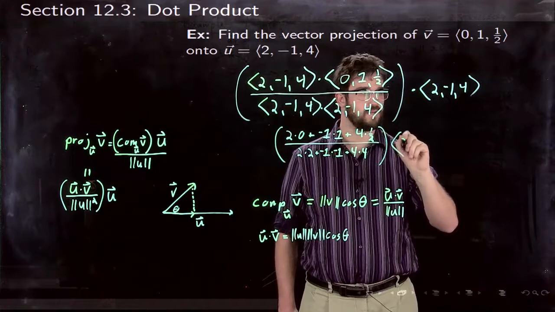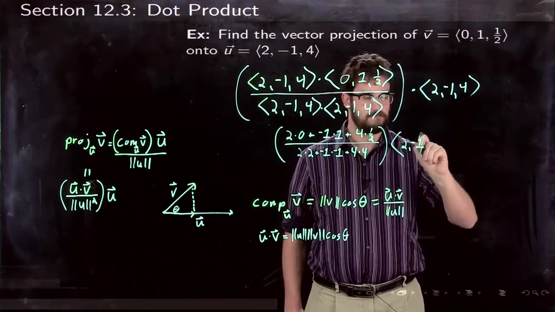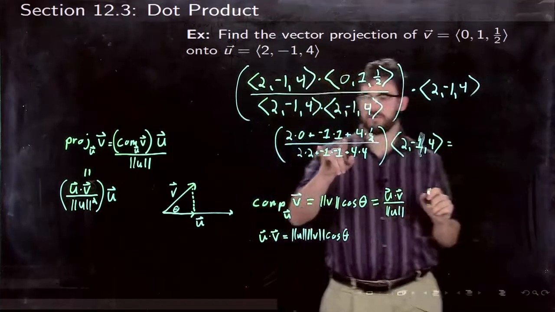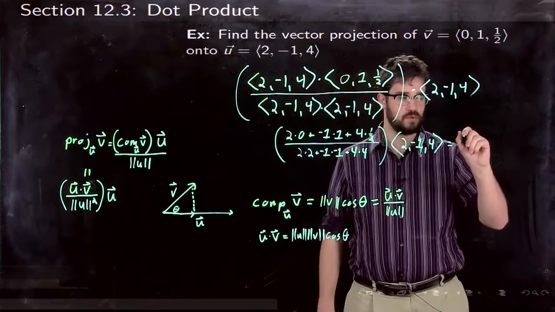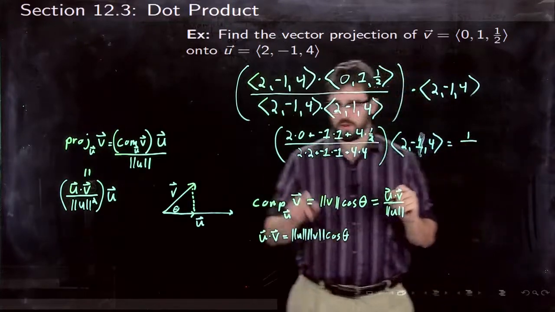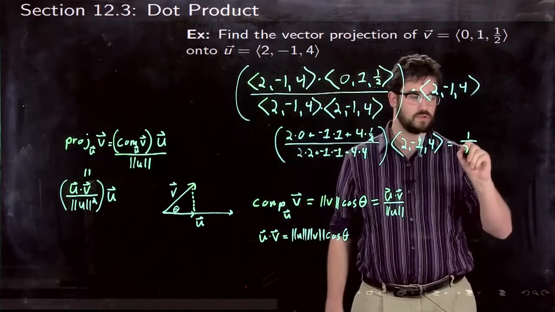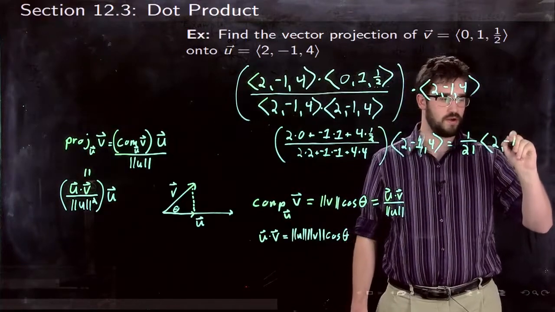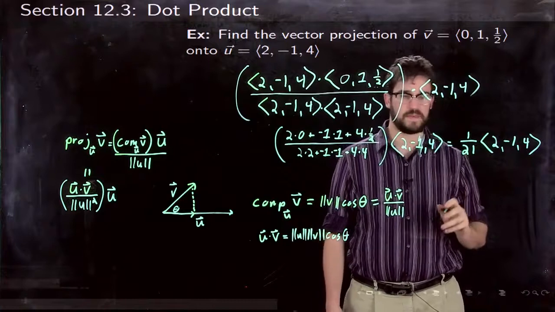times the vector of 2, -1, 4, which simplifies down into 2 minus 1, which is 1, over 4 plus 1 plus 16, 21, times 2, -1, 4, which you could distribute out, but I think this is simple enough.